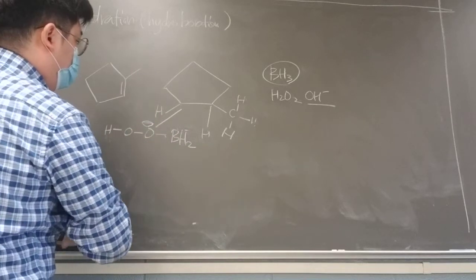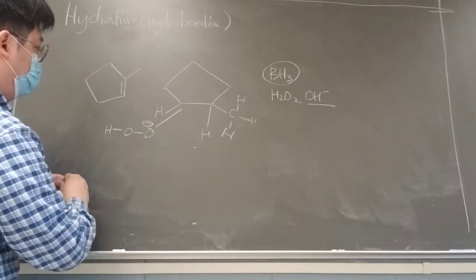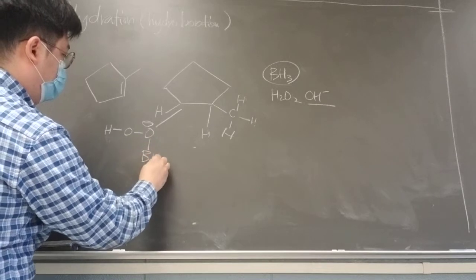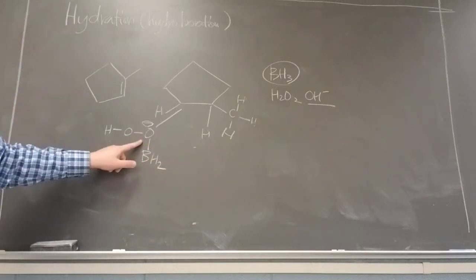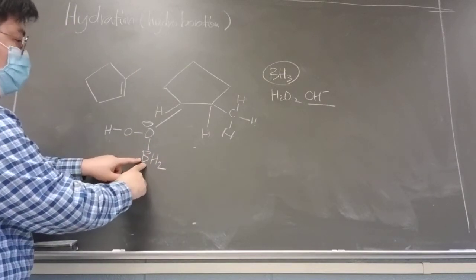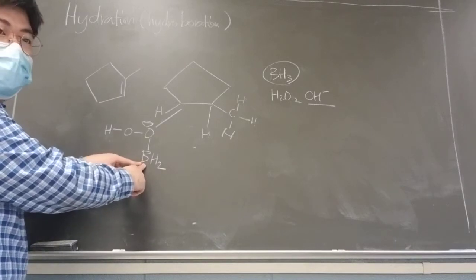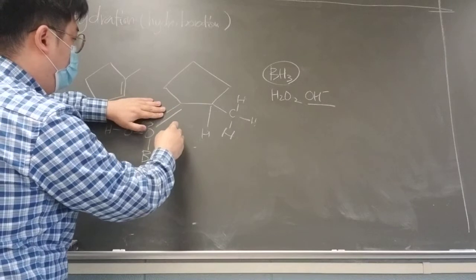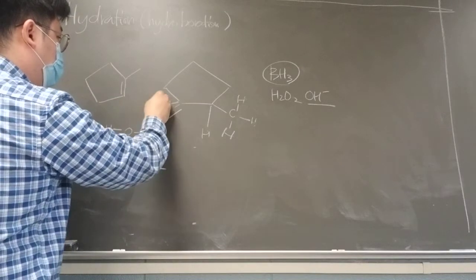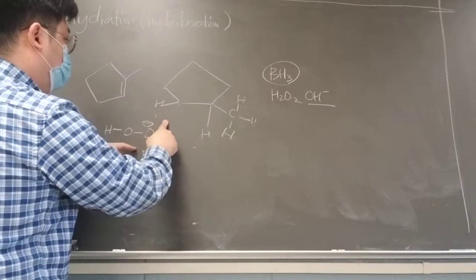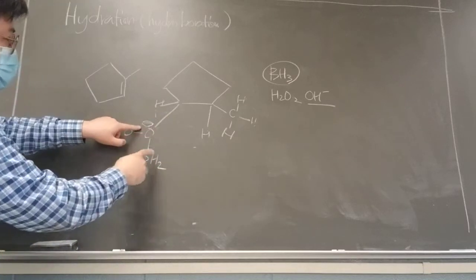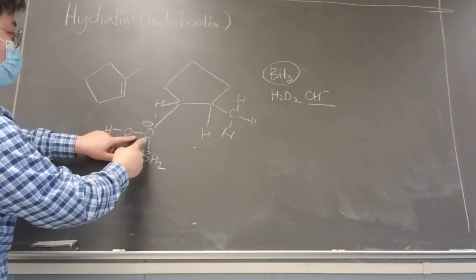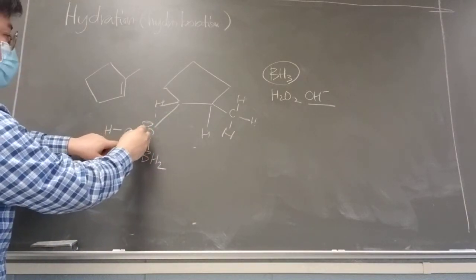Okay, so now it becomes this way. Okay, it's because of the nature of the boron here. Boron is pretty positive in electronegativity terms. So it wants to be more stabilized by rearranging this bond to oxygen over here, giving this negative charge now from here.